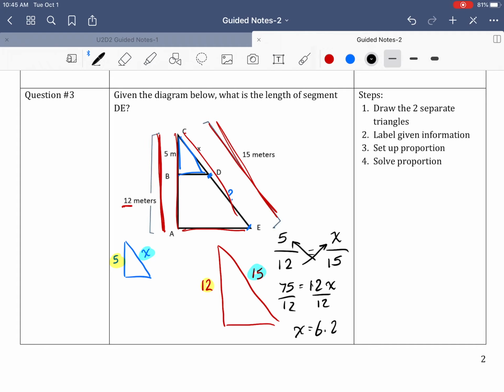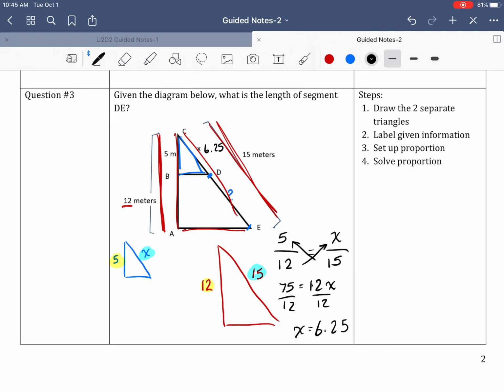X equals 6.25. Let me just double check that real quick. Okay. Now we get x equals 6.25, which is this right here.